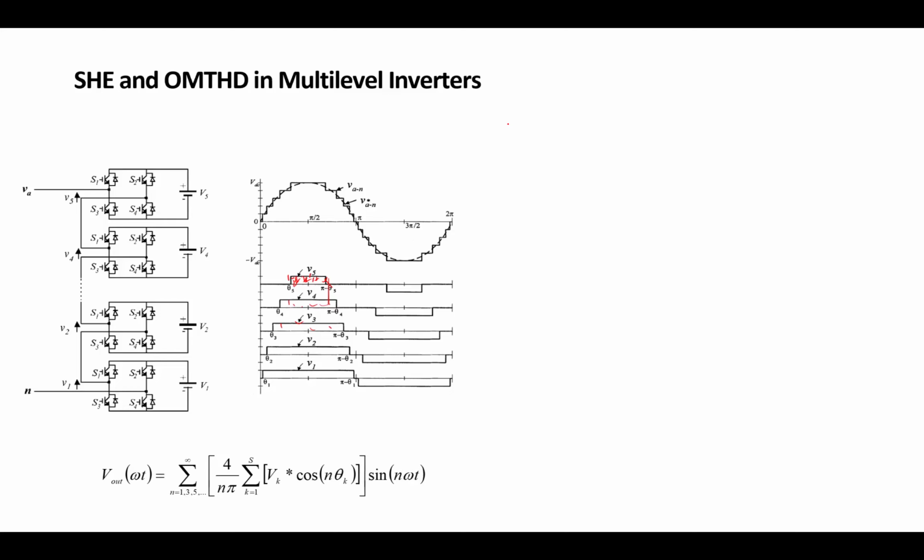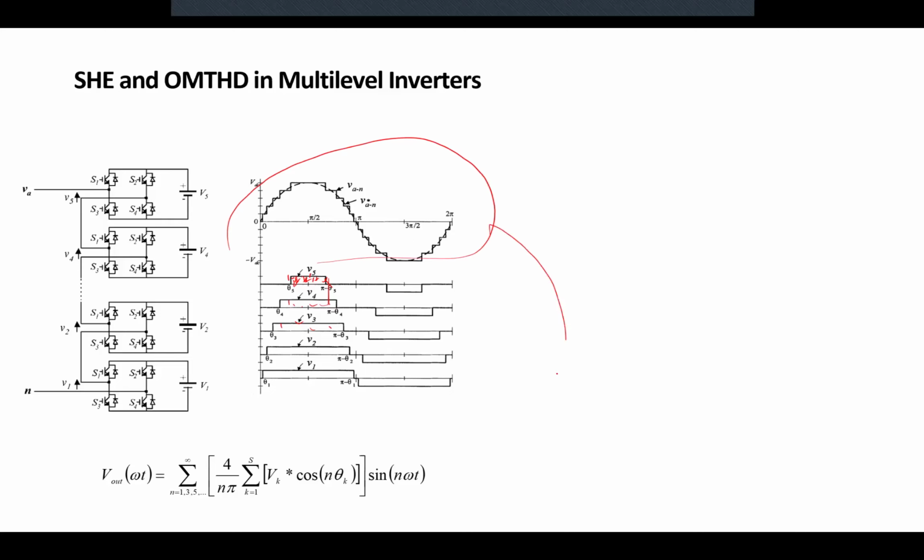We said we can represent our output voltage based on the Fourier series, correct? So for this voltage as a Fourier series, you could Google it and you'll find that someone already did the math. You don't need to worry about this, 4 over n pi. Someone did it. You just have to use it.